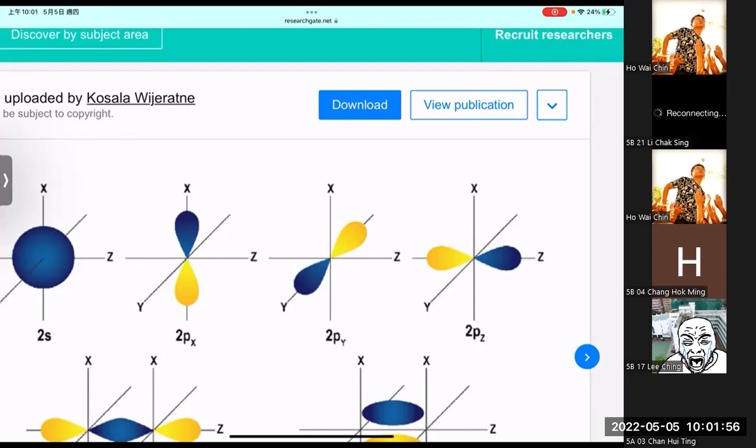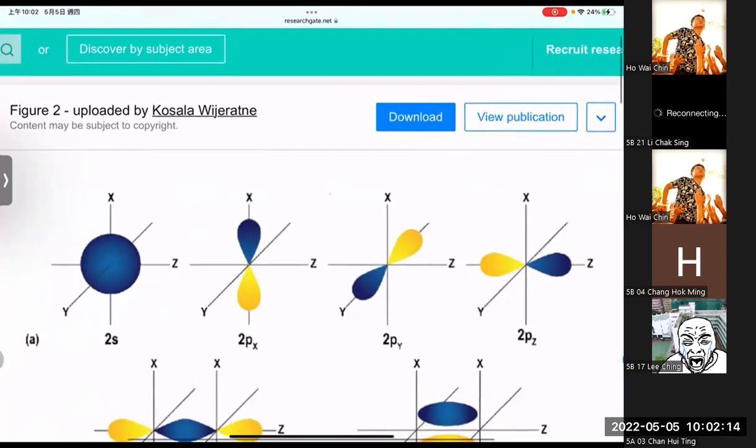Each orbital can accommodate 2 electrons. Altogether we have 3 different orbitals, which means 6 electrons to be filled in the p orbitals. Add it all together, how many electrons can be filled in the second shell? 2, 2, 2, 2, altogether 8.